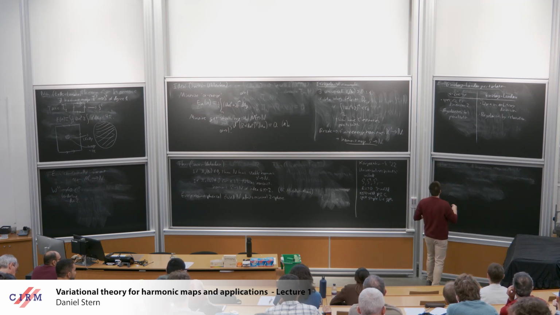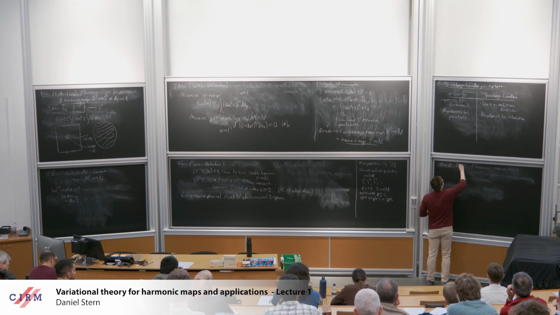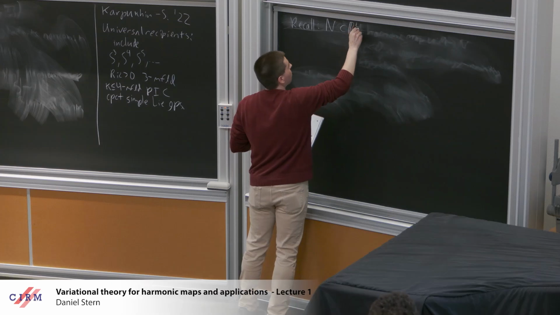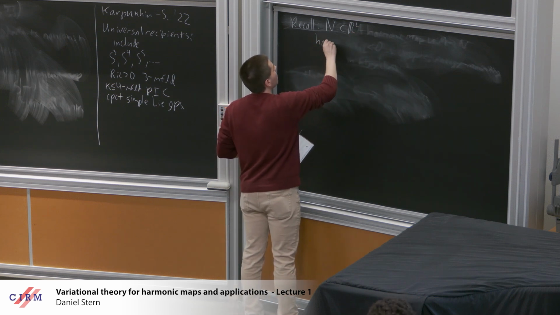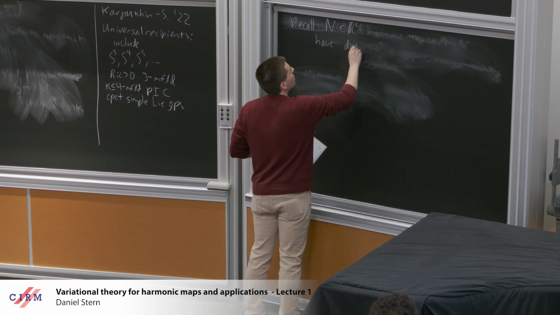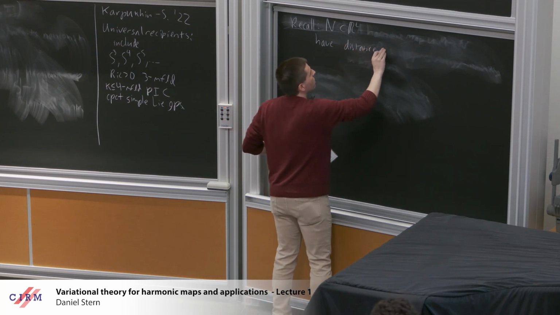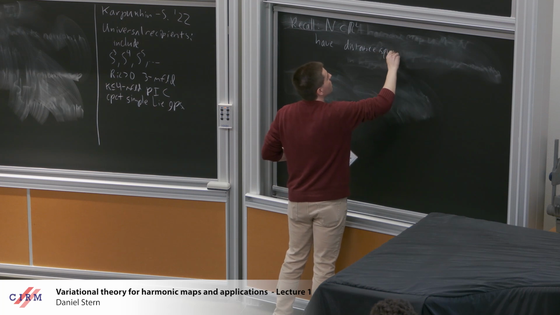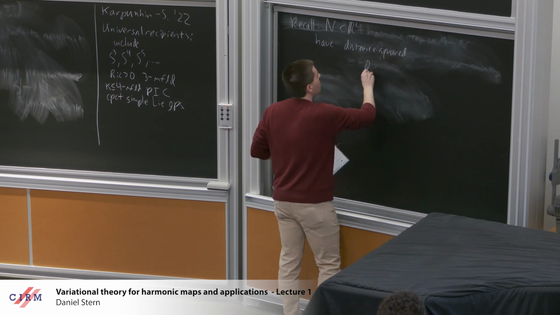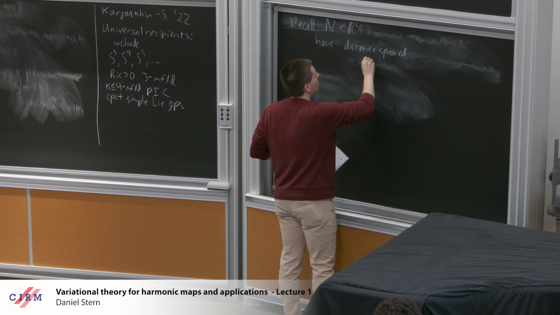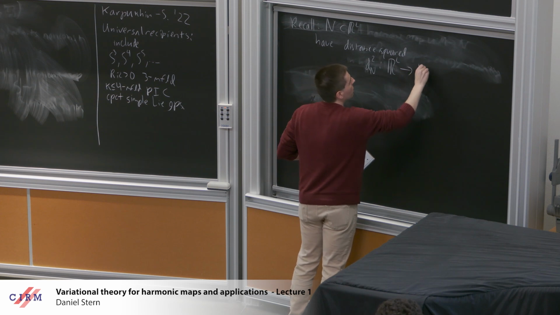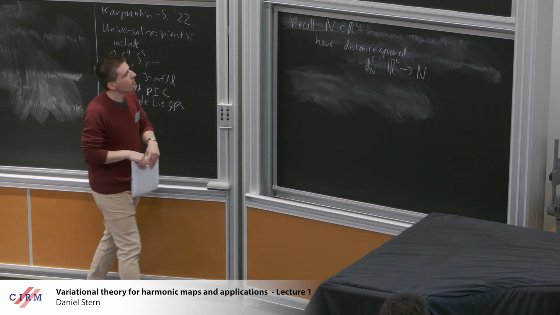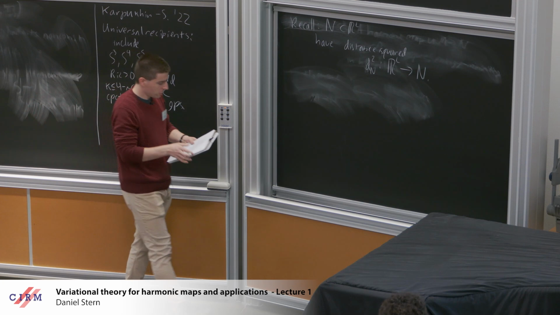Okay, so now recall that we have this isometric embedding floating around of our target N inside of R^L. So in particular we can define a distance squared function, giving us the squared distance to N, d_N squared, from R^L into R, so something that's vanishing along N and giving us the distance squared everywhere else.